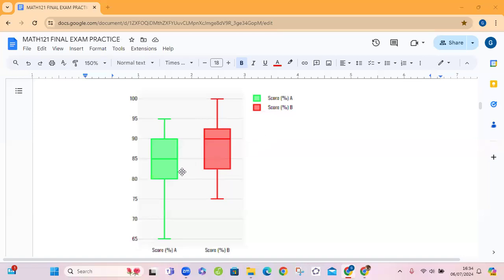The left is where the lower values are, on the negative side, the negative direction. If this is placed horizontally, group A is skewed towards the negative side of the scale, towards the lower end, while the majority of the values are on the higher end of the scale.